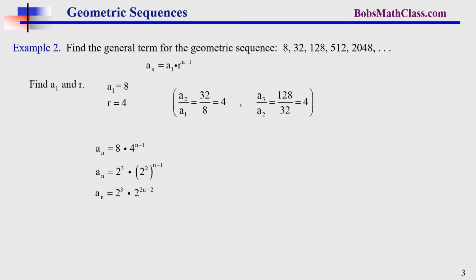Now that we have both bases the same, they're both 2, we can use our rule for exponents. When the bases are the same, we add the exponents when we're multiplying. So it's 3 plus 2n minus 2. And now we can add like terms. So 3 and negative 2 is positive 1. That gives us our final answer of 2 to the 2n plus 1.